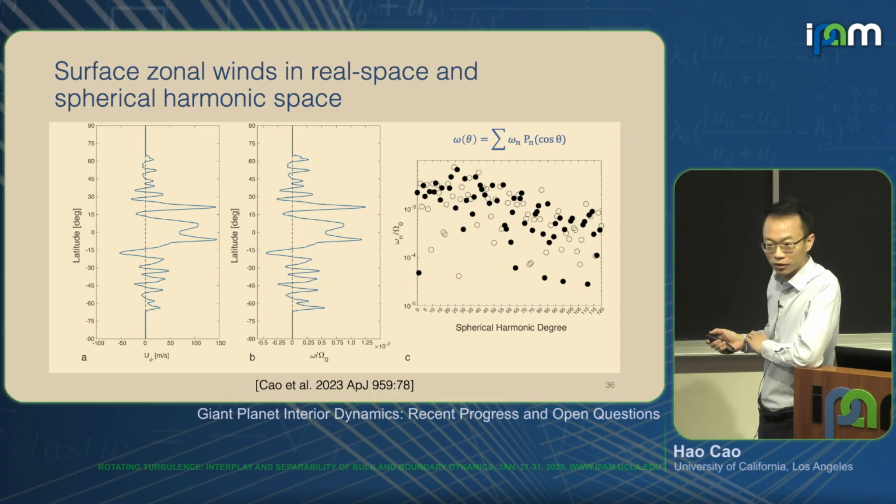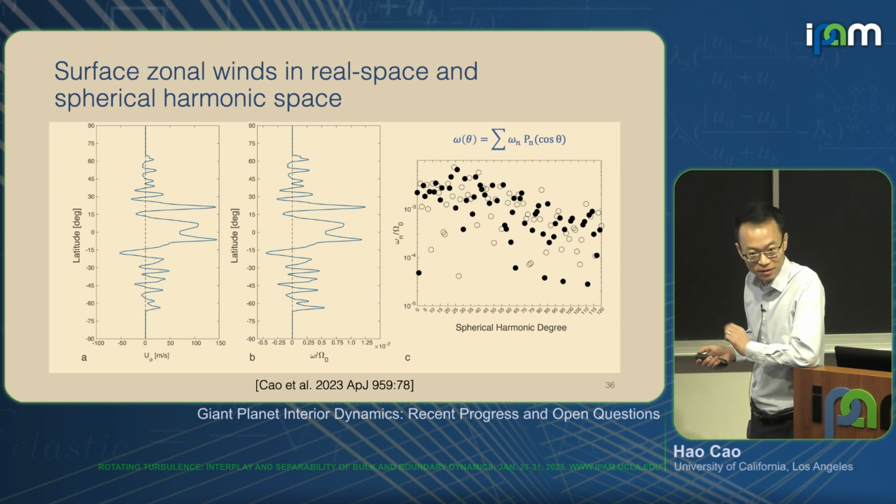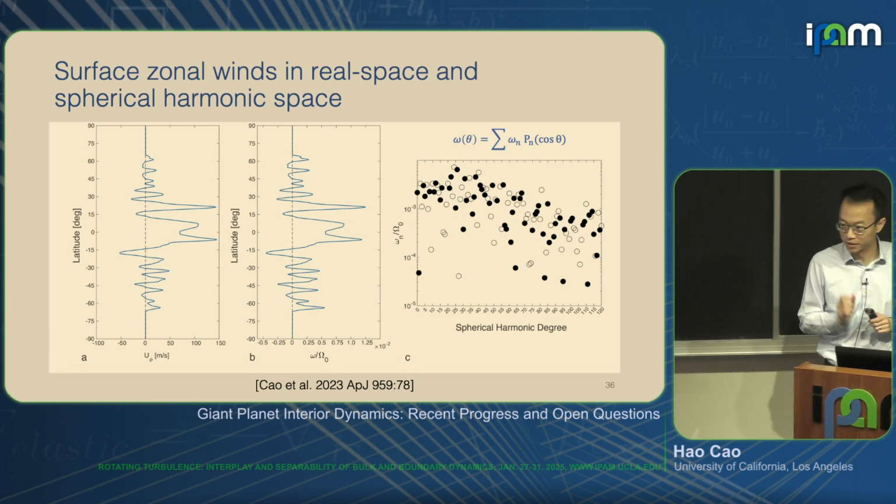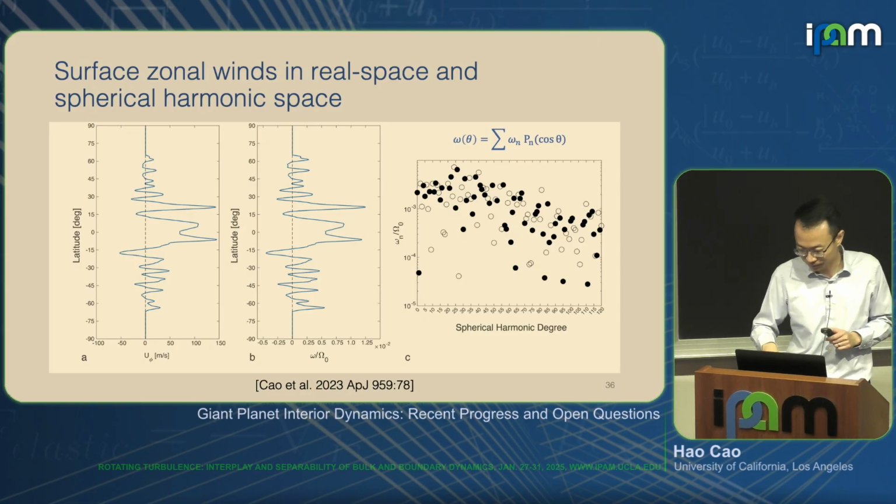Again, this is non-dimensional, the ratio of the angular velocities. This is the spectrum you get when you decompose the observed surface winds onto a set of spherical harmonics. You will notice the power peak is at about degree 24 and degree 25. That's the characteristic wavelength if you do a spectral analysis.